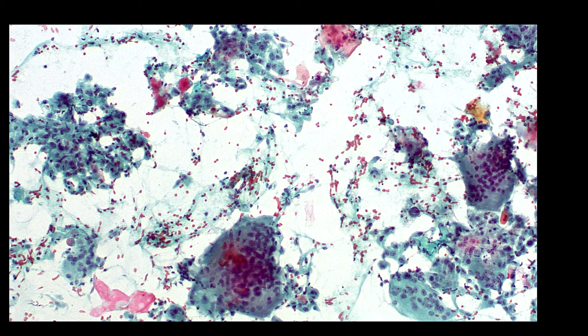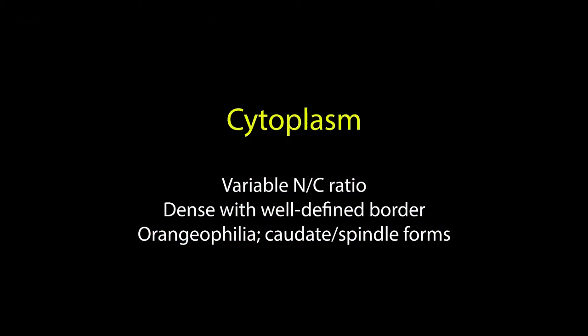So cytoplasm shows variable NC ratio, sometimes quite low in those well differentiated keratinized cells. Usually, however, it's that squamoid feature of dense cytoplasm, so no vacuoles, and well-defined cell borders. Orangiophilia should be very common as well.